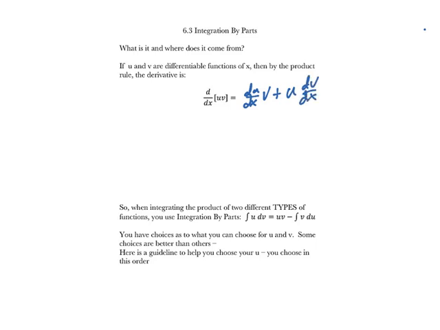Okay? If I integrate both sides of this equation with respect to x, well, then I would just get uv on the left. And on the right, because I'm integrating with respect to x, the dx's are going to cancel. So I will have the integral of v du plus the integral of u dv.